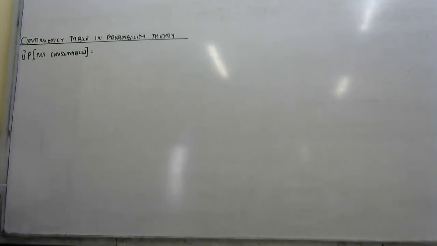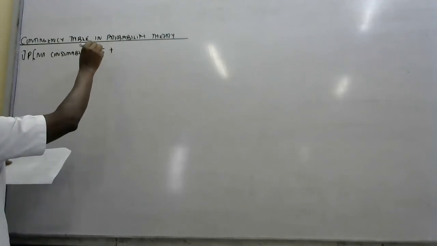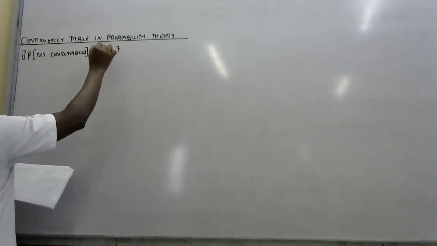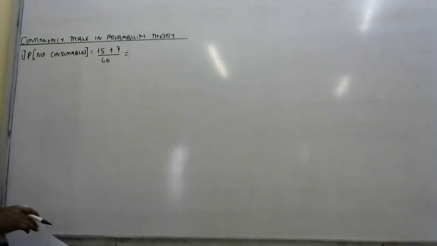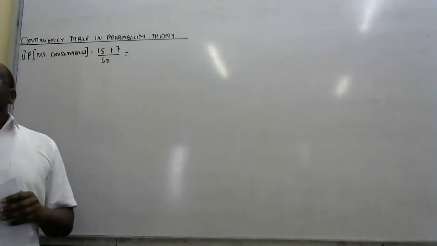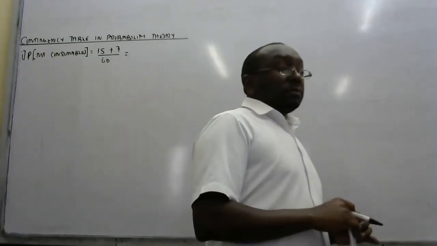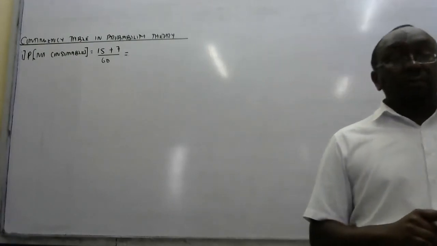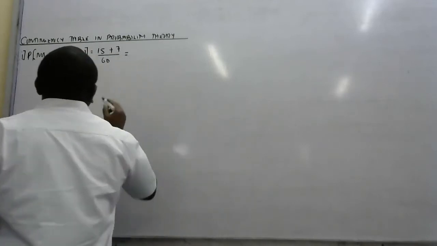The total of consumables is 38. So the ones that are not consumables are 15 and 7. Then you divide by the total. It's as simple as that. 0.867.